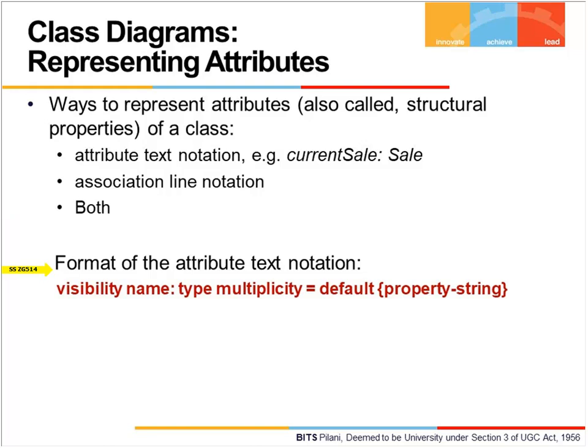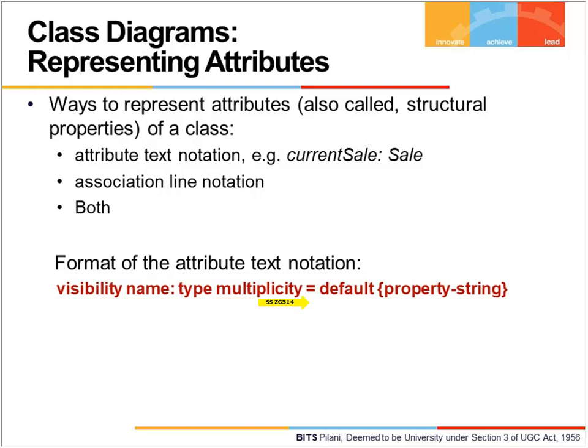Let's move ahead and understand the format of the attribute text notation, right? This is the format that you use to write an attribute within a class. First is the visibility of the attribute that you need to mention. Then is the name of the attribute, followed by a colon, and then the data type of the attribute, right? Then comes the multiplicity of the attribute, which I will discuss shortly.